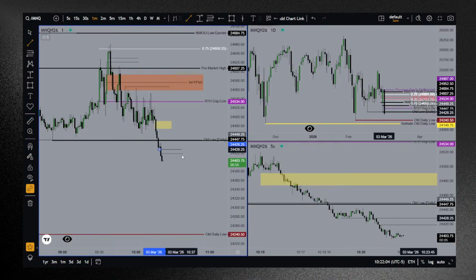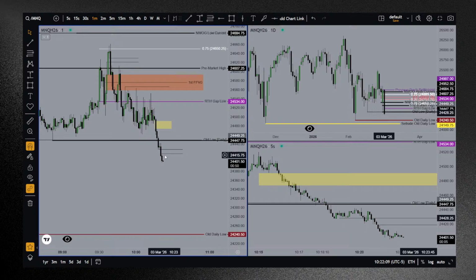Small little bearish fair value gap here. I want to measure how price will engage it.